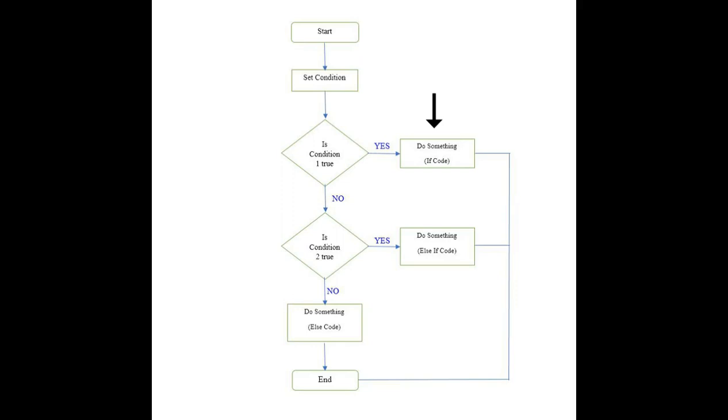If however it's false, then we can test the condition again and determine whether that's true or false. Again, if it's true, then the else if part of the code will be run. If it's false, then we can drop down into the else part of the code, and that will then get run, and eventually the program will terminate.